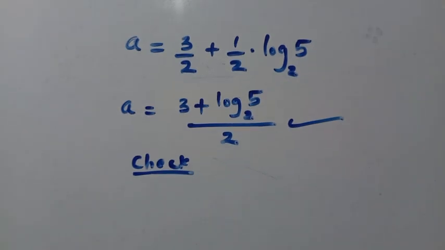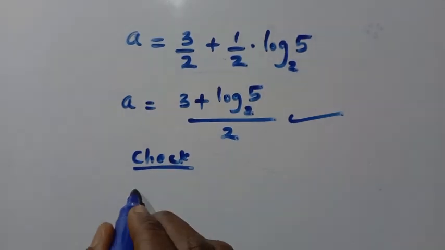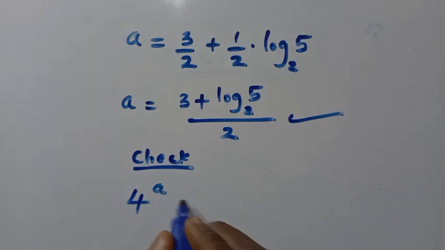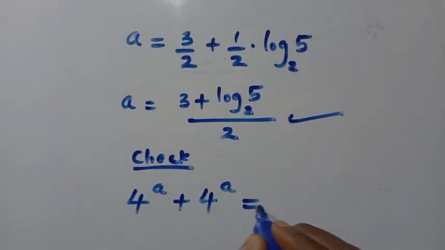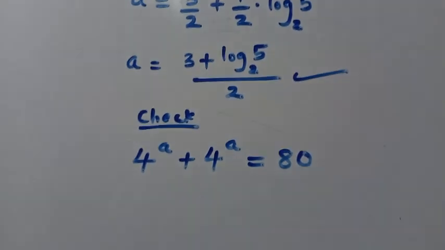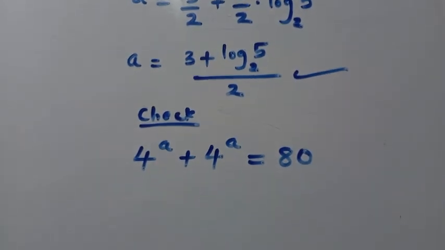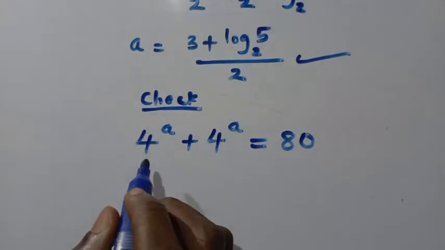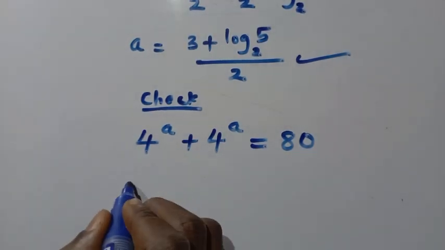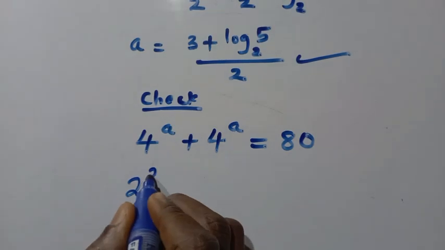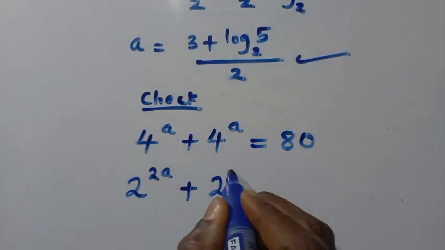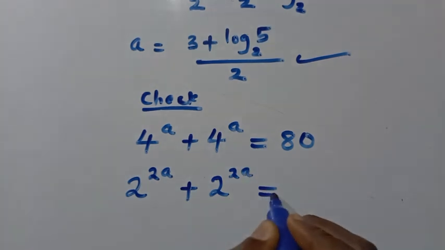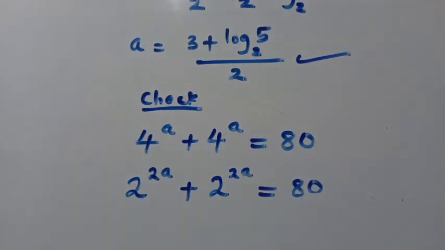So we have 4 to the power of a plus 4 to the power of a equals 80. We try to substitute the value of a from here. Before that, if this is 4, we can write this 4 as 2 squared, so 2 to the power of 2a plus 2 to the power of 2a equals 80.